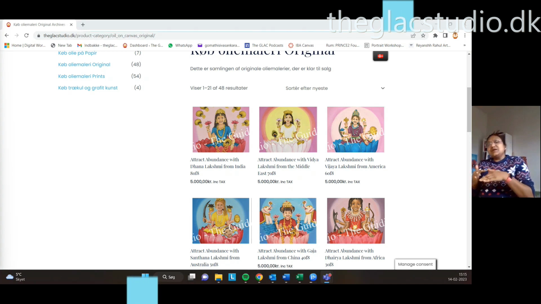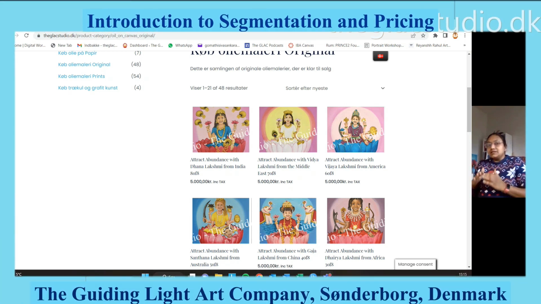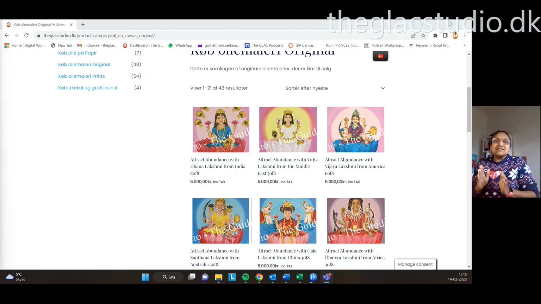Now, we will touch base on this documentation in this particular topic. This is a very important topic, segmentation and pricing. And this is always a gray area: how do you price your product and how do you price your artwork?